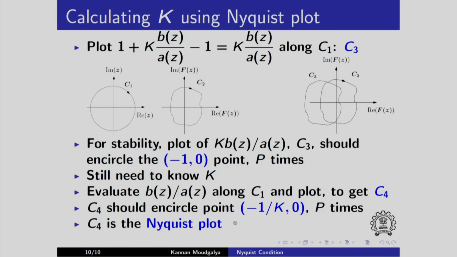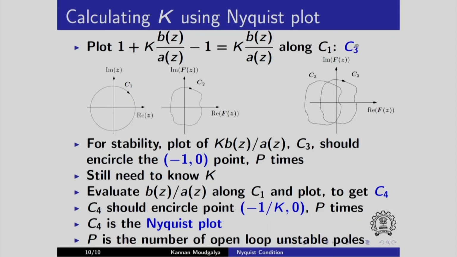C4 is the Nyquist plot. P is the number of open loop unstable poles. I would want you to go through this presentation once again. Note down what C1, C2, C3 and C4 mean. We will generally call C4 to be the Nyquist plot.